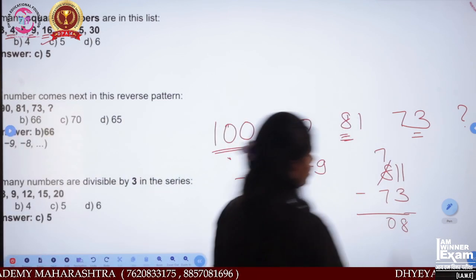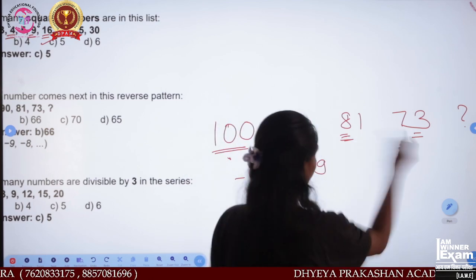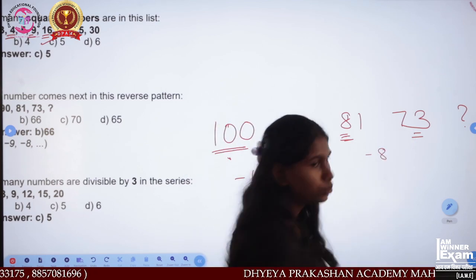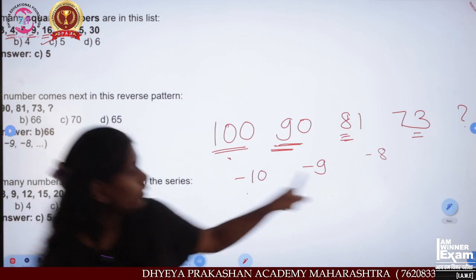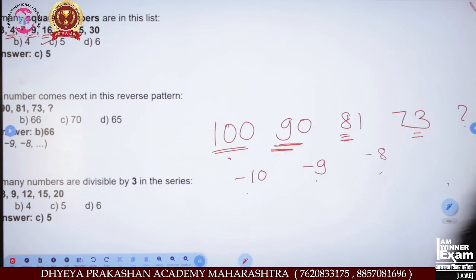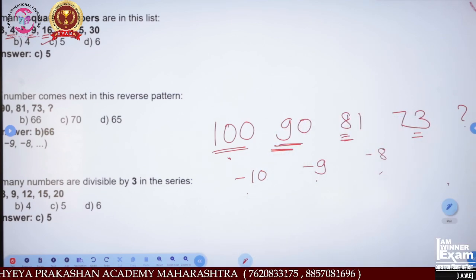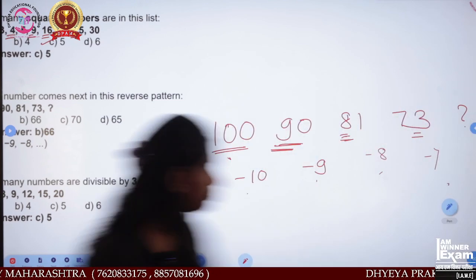And 7 minus 7, that is the 0. Means here, now in between this, the minusing 10, then 9, then 8, and what should be your minus? What should be minus from the previous number? That is 7. Right, they are minusing 1 less each time.